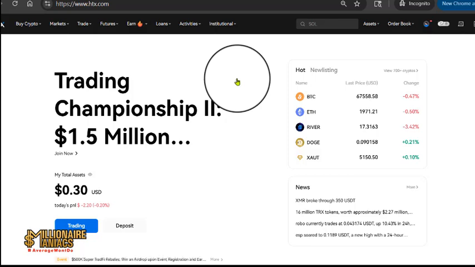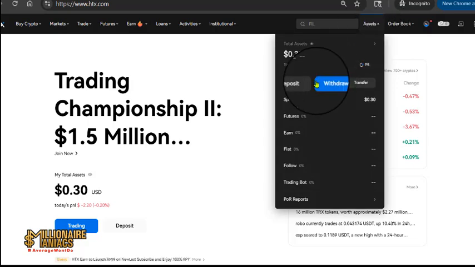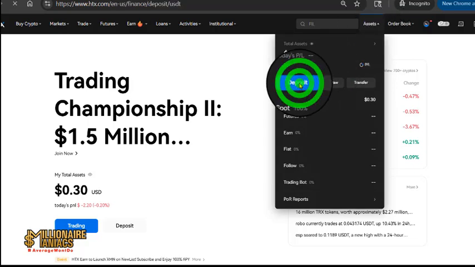All right. So what I'm going to do now is I'm going to grab my Tron wallet deposit address, because I'm going to deposit from my DSJ withdrawal. I'm going to deposit USDT TRC20. So I'm going to come here to assets. I'm going to click deposit.